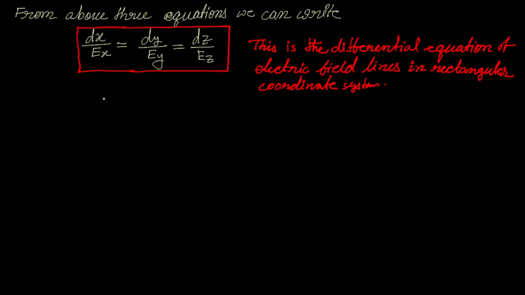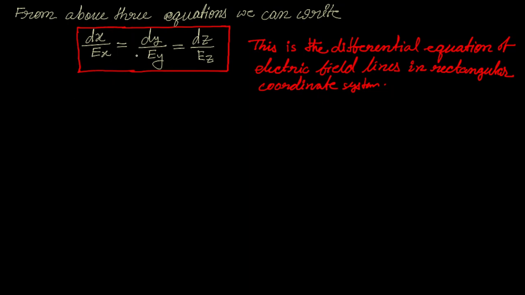Similarly, in spherical polar coordinate system, if we write these equations in terms of spherical polar coordinates and then integrate, we get some relation between r, theta, phi, which will be the equation of electric field lines in spherical polar coordinates as well. For cylindrical coordinates, we write in terms of rho, phi, z.